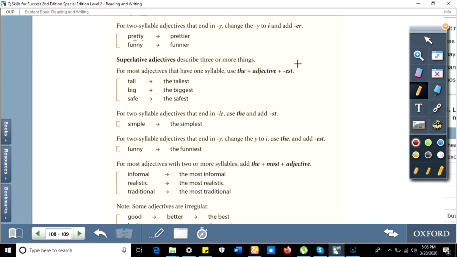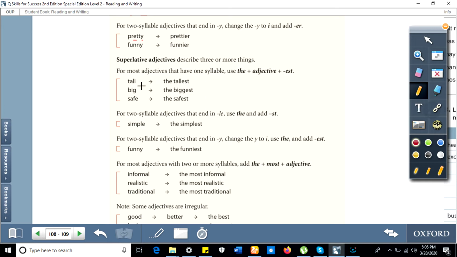That's where you use the superlative when you're comparing and describing more than two things: 3, 4, 5, 6, 7, 8, 9, 10, whatnot, right? Whenever you're doing this, you can use superlative adjectives.